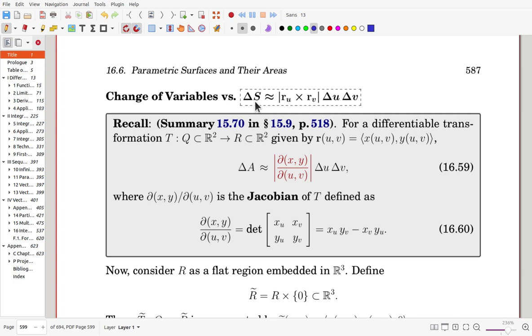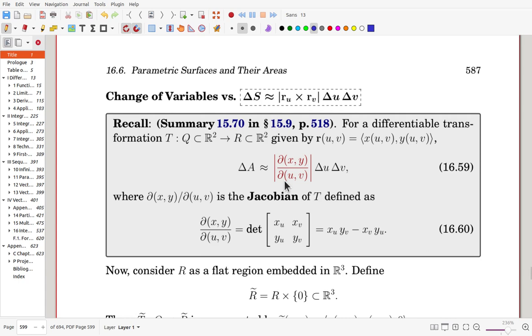When we consider change of variables for a two-dimensional representation, we found that dA in the R domain is the absolute value of the Jacobian times delta U, delta V. We did this in chapter 15. The Jacobian is the determinant of that, and the absolute value of it is the scaling factor.